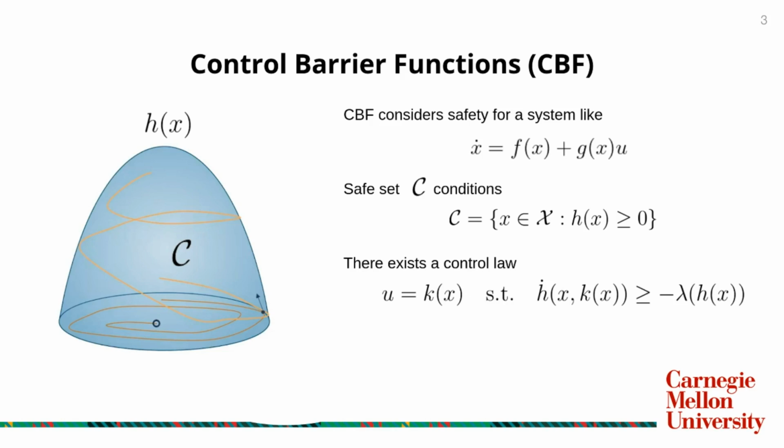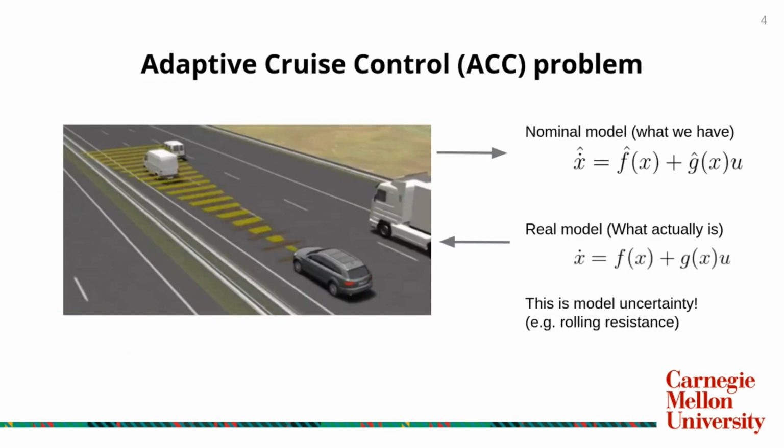To keep the system within this safe set, there must exist a control law u equal to k(x), such that h dot is greater than or equal to minus lambda times h. This lambda is a constant value.